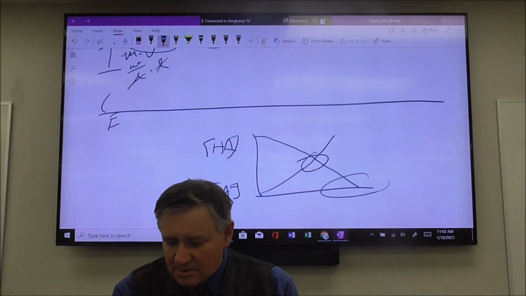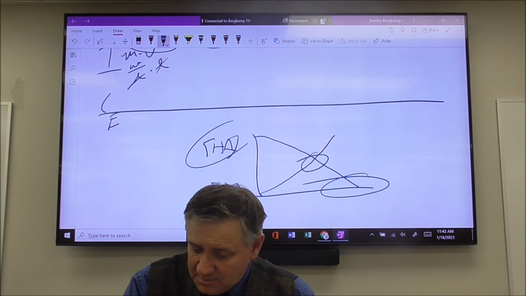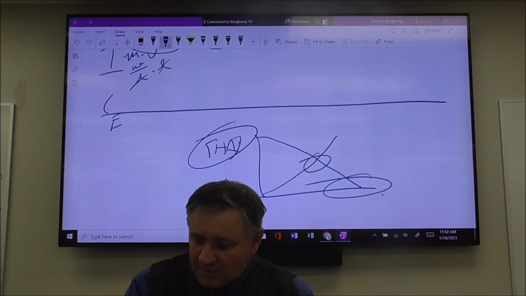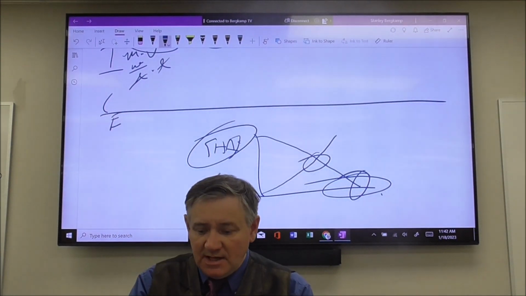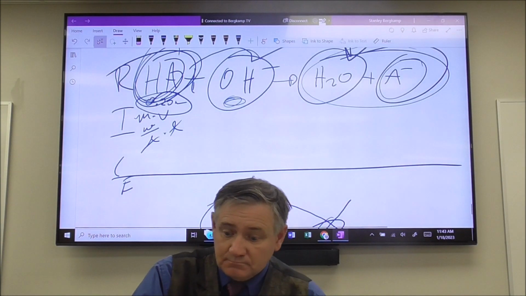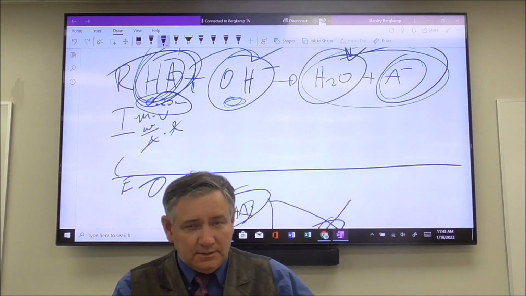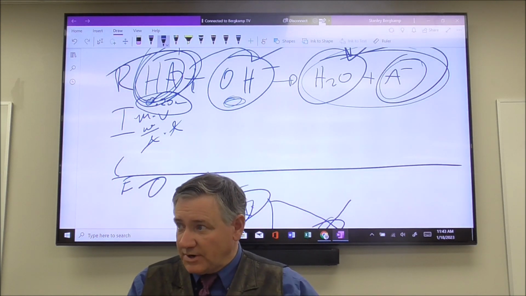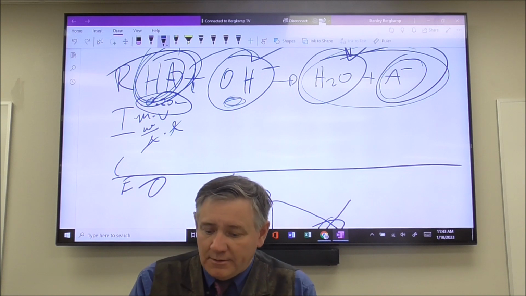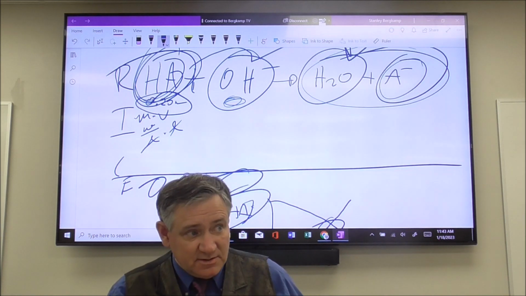At some point, you won't have any of the molecular form of the acid left. At the equivalence point, your HA is gone, and all the hydroxide is used up too, because you took all the hydroxide and used it.